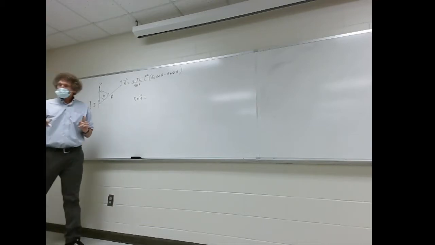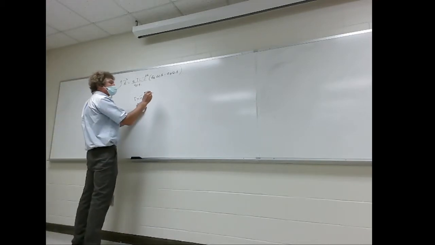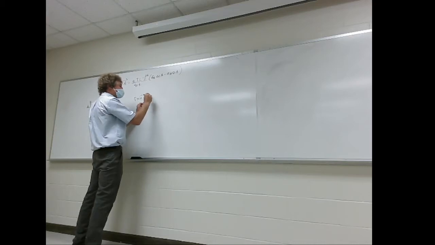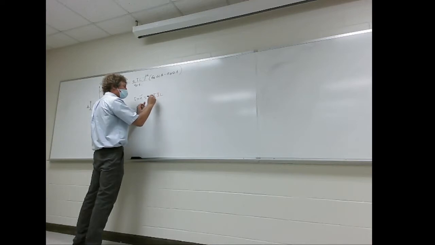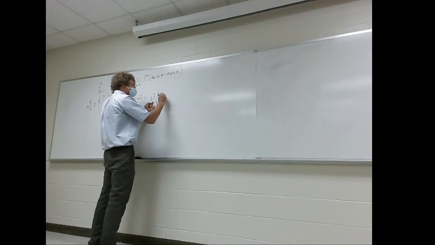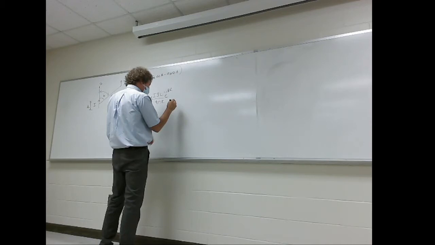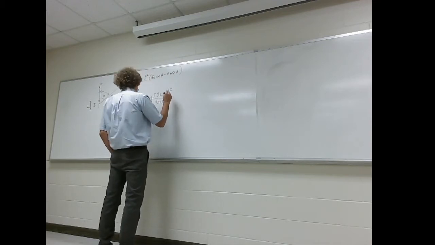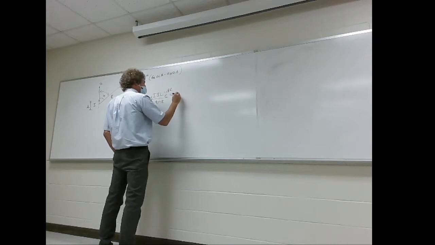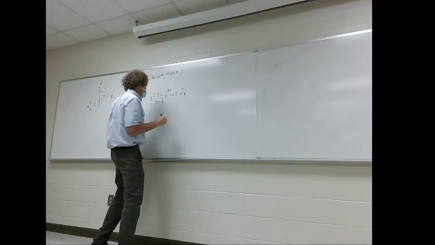It'll have a first term that'll be like this: j I beta L over 4 pi R times e to the minus j beta R times the sine of theta, and it will be in the A theta direction.